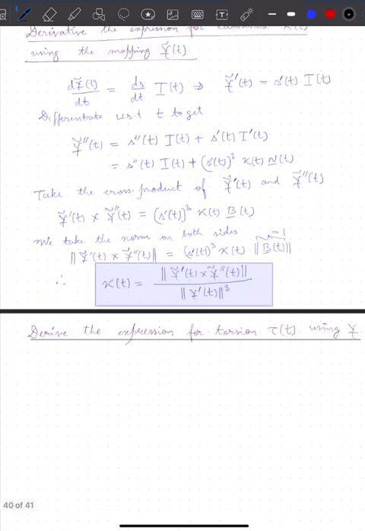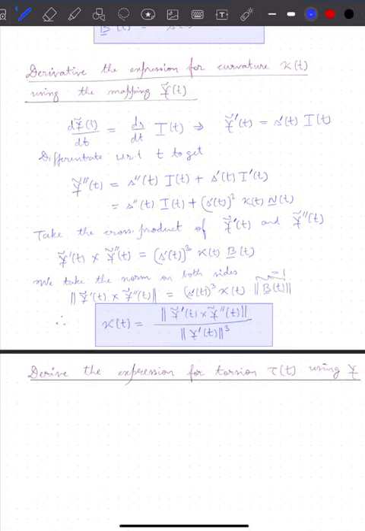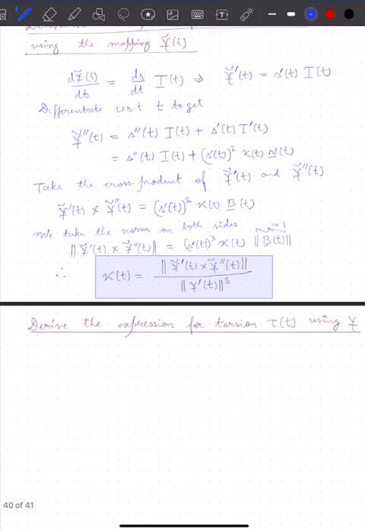What we start with is that we already have the expressions of gamma prime and gamma double prime. So now we need gamma triple prime of t.